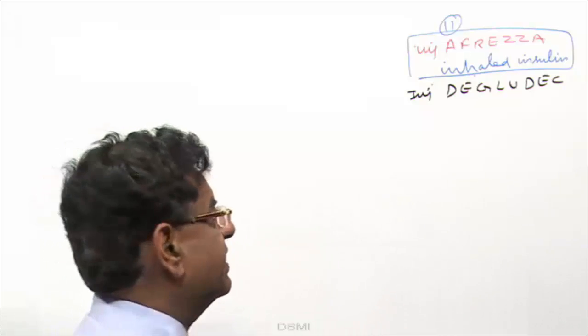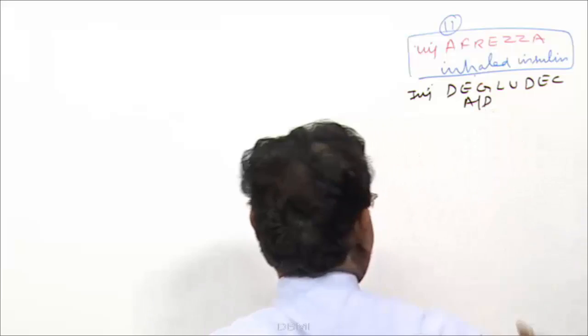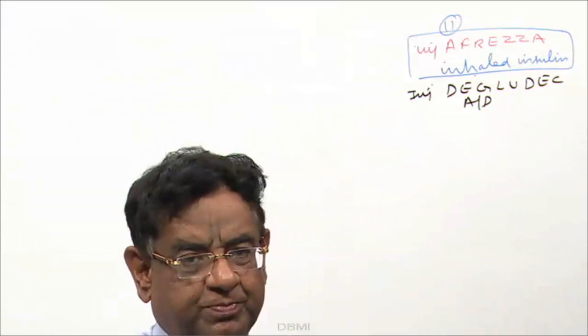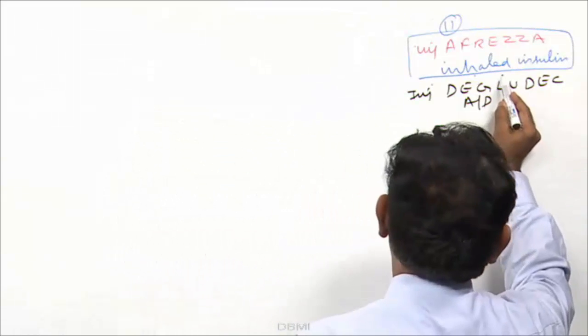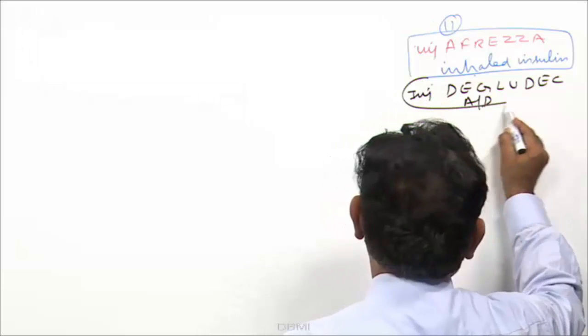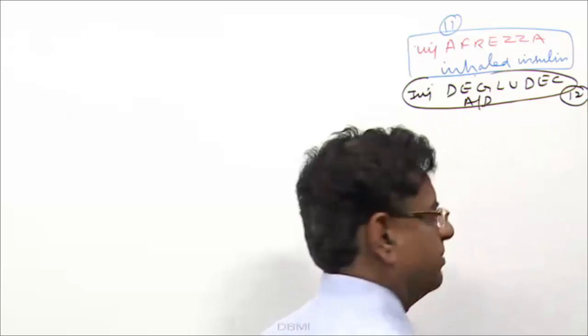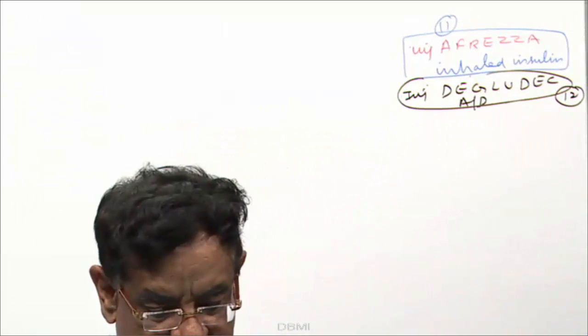You may even give it on alternate days. This is a very important latest drug. This is box number 12. Box number 12 to remember. Degludec is an ultra long acting insulin.